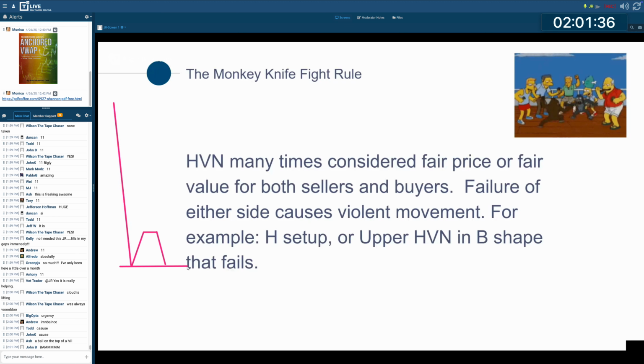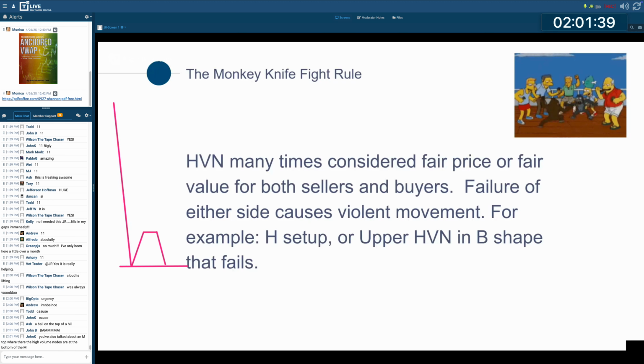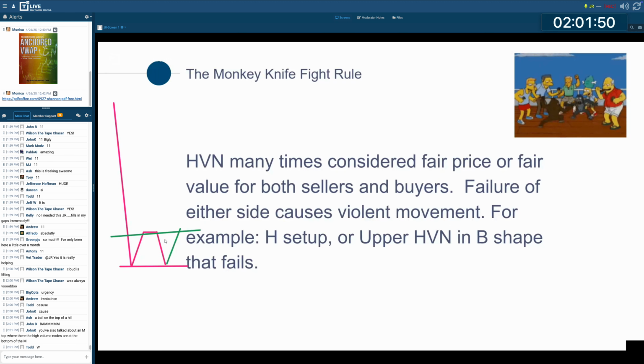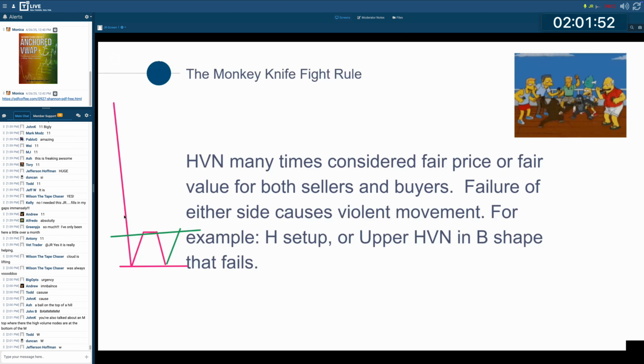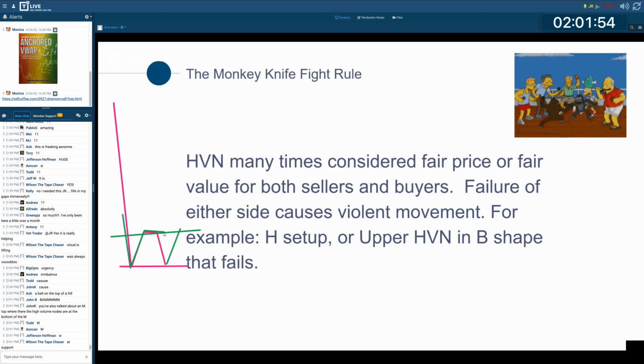In the H setup, longs, I'm going to make the longs green. Longs are thinking what, guys? What are the longs thinking? What structure are they looking at? Okay, so the pattern is a W, and what kind of structure is this?